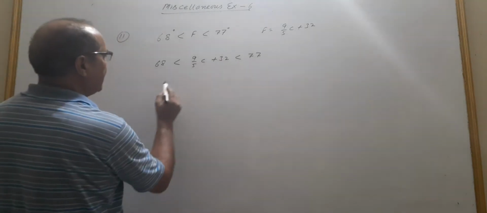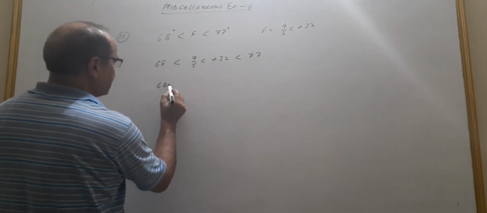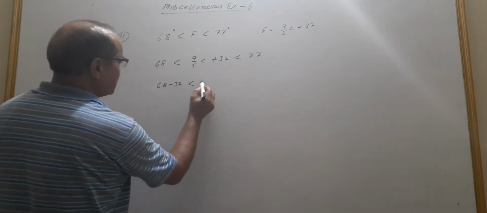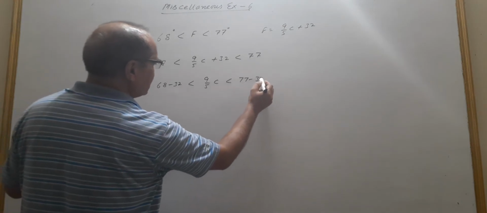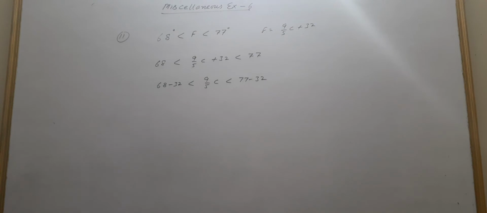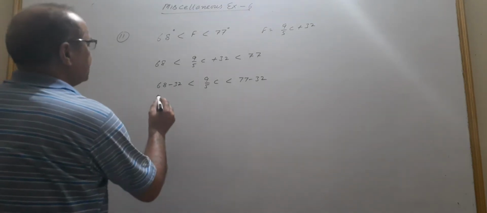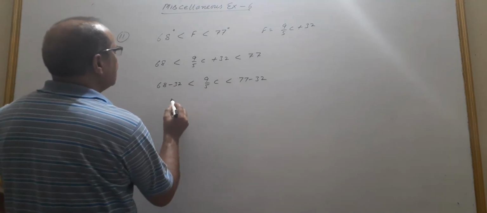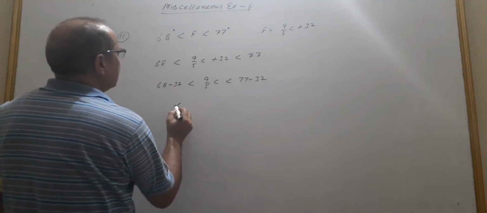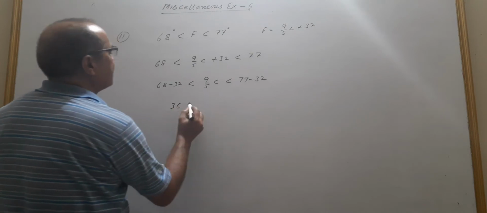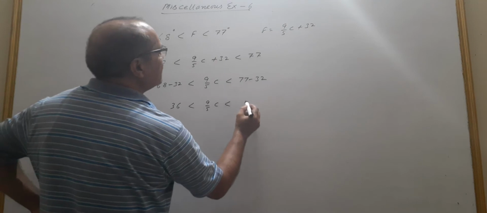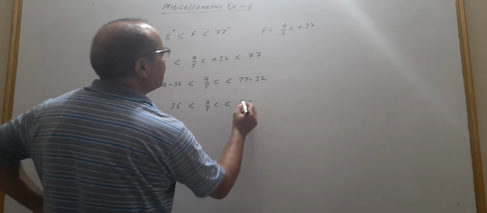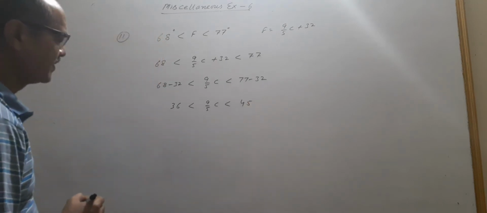You see, by subtracting 32 from all the sides, we get 36 is less than 9/5 C is less than 77 minus 32, that is 45.